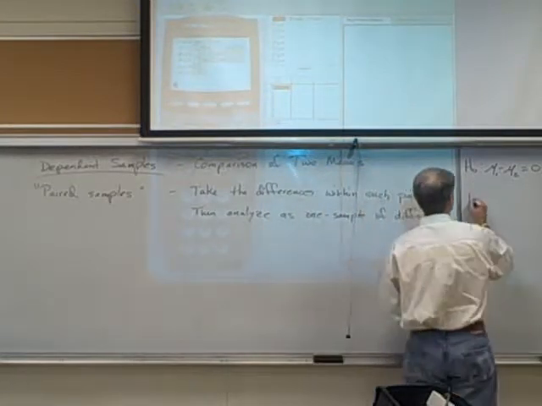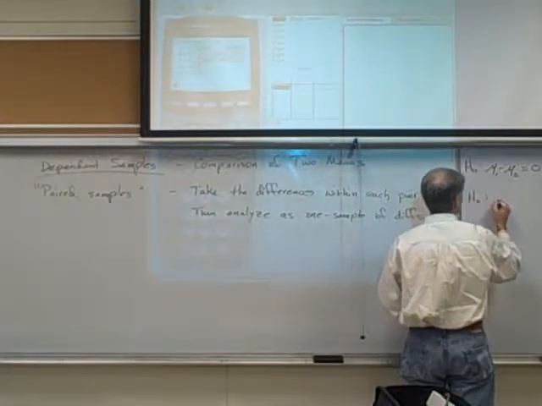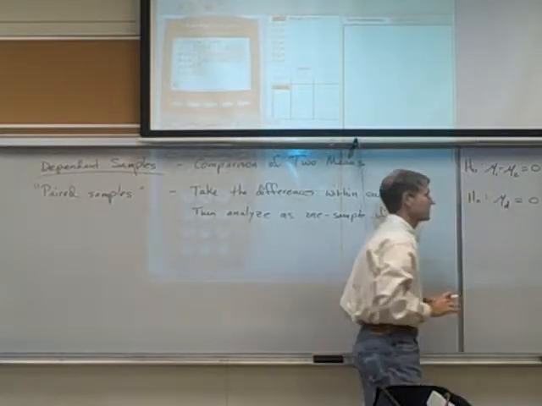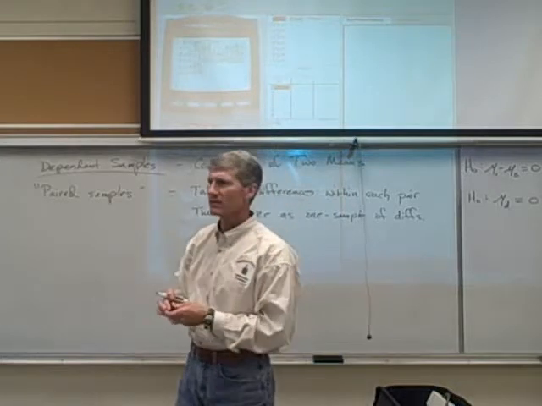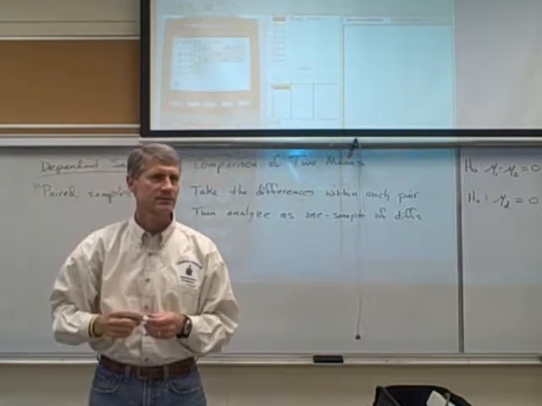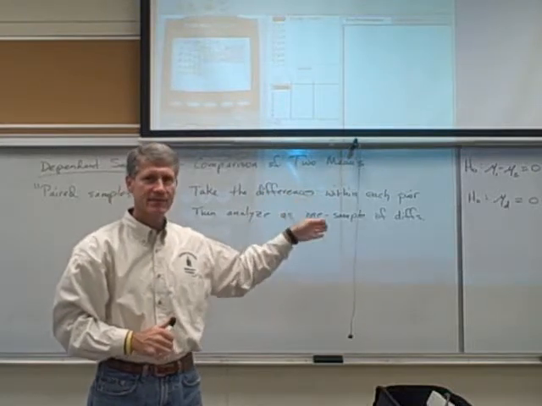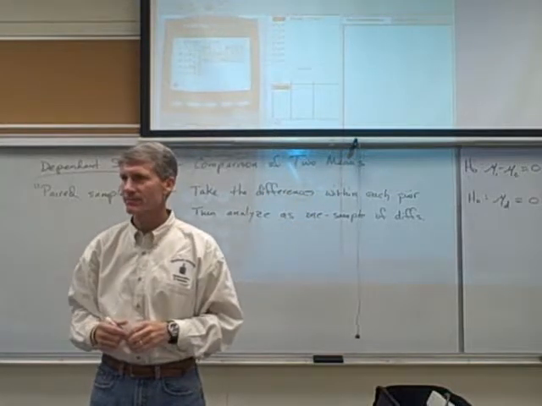So I can revise my null hypothesis with a little bit of different notation to be that. What do you suppose that little sub D means? Differences. So what it's saying is the mean difference is 0.